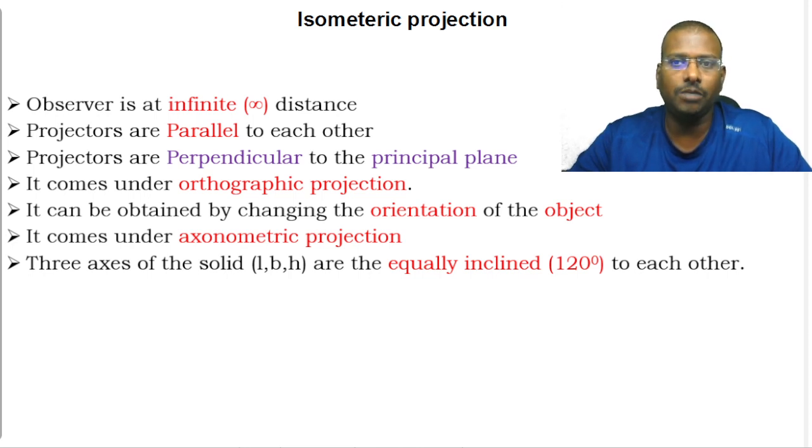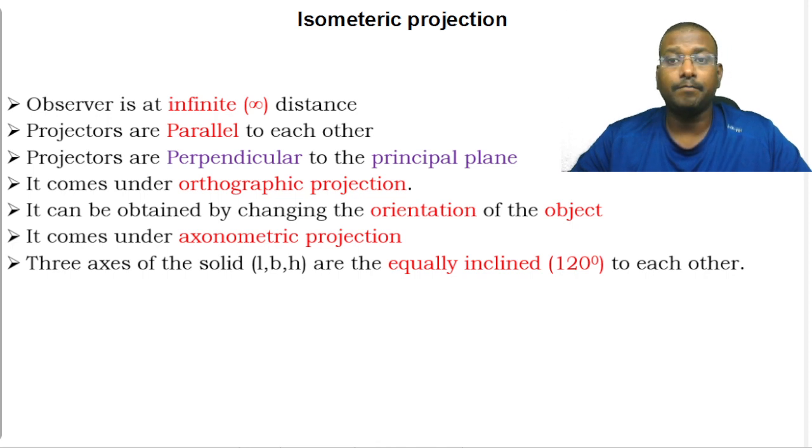Depending upon the relation between them, we can consider it as isometric. So isometric comes under axonometric projection, and in isometric projection, three axes of the solid, length, breadth, height, are equally inclined. How much is it? 120 degrees with each other. These are the points we have to remember whenever we hear the name isometric projection.